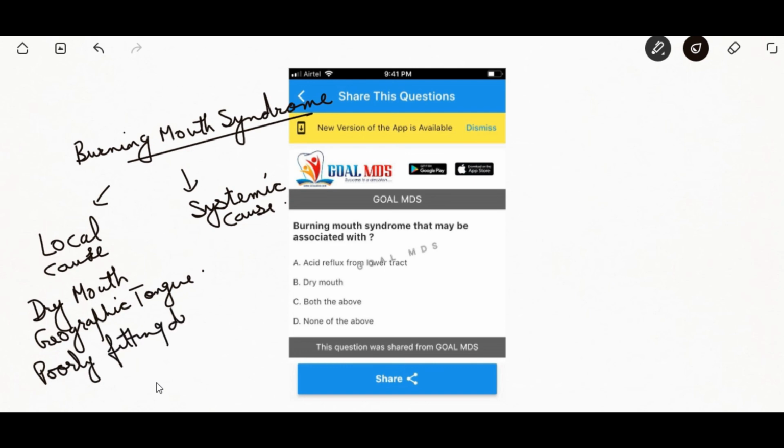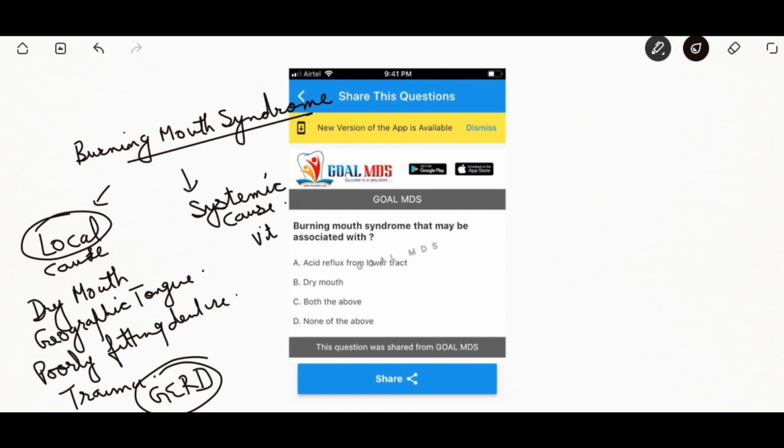In both situations, we can see burning mouth syndrome. Burning mouth from acid reflux is a type of secondary burning mouth syndrome.